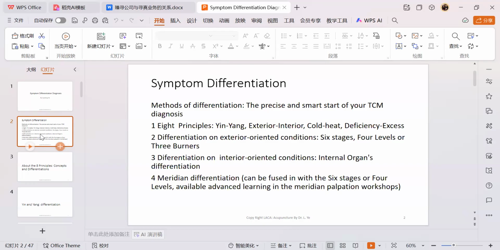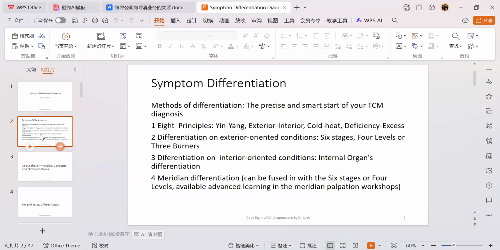And among all these methods, many of them are symptom associated. For example, the eight principles: yin, yang, exterior, interior, cold and heat, deficiency, excess. These are mainly based on the information you gather from the patient's presenting symptoms. Then you can, based on that, process it into a proper diagnosis.